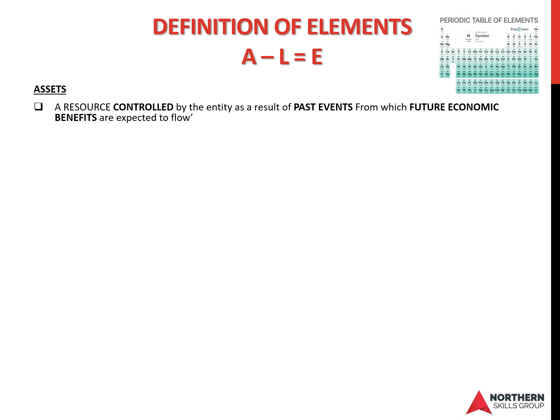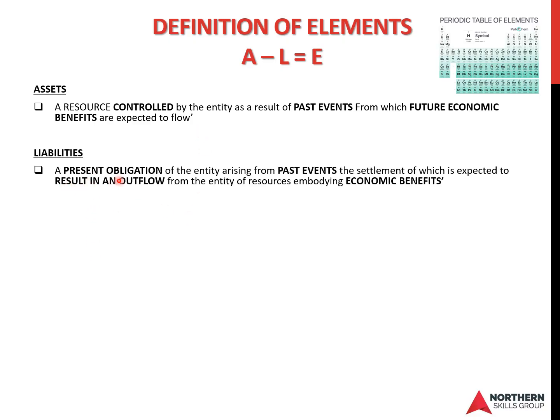So an asset is a resource controlled by the entity that is going to produce future economic benefits. So it's something that's controlled by the company that's going to be used to produce, usually produce profits in the future.